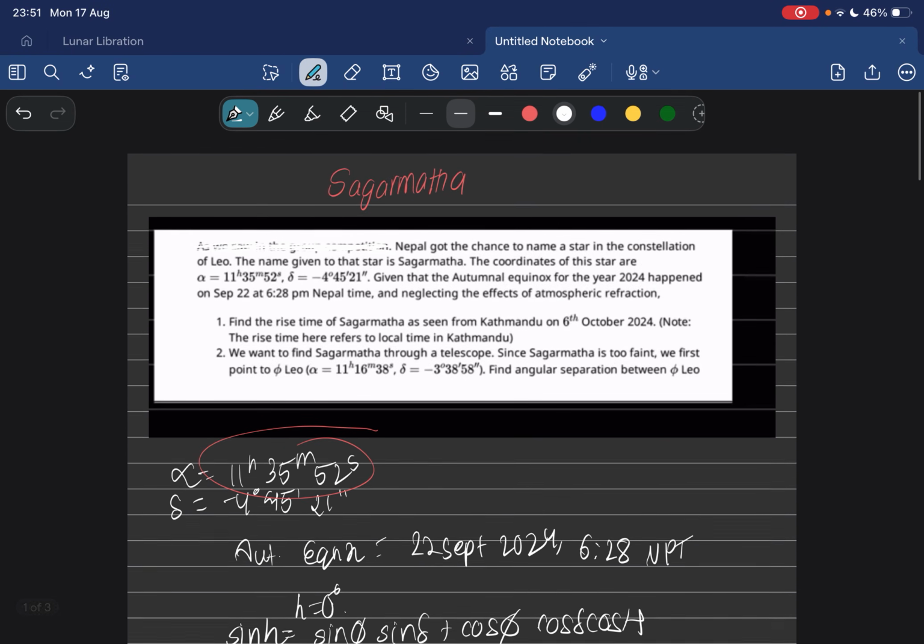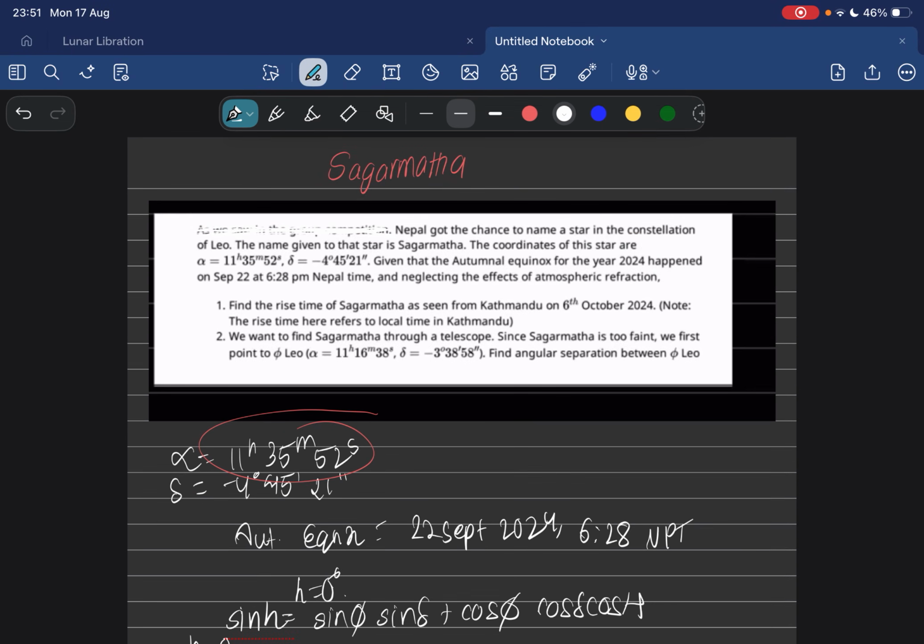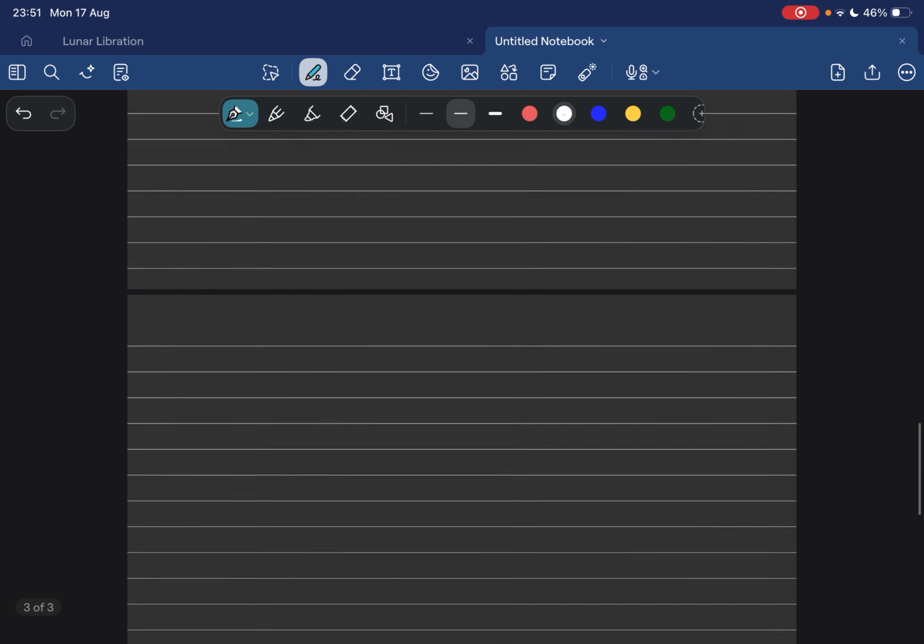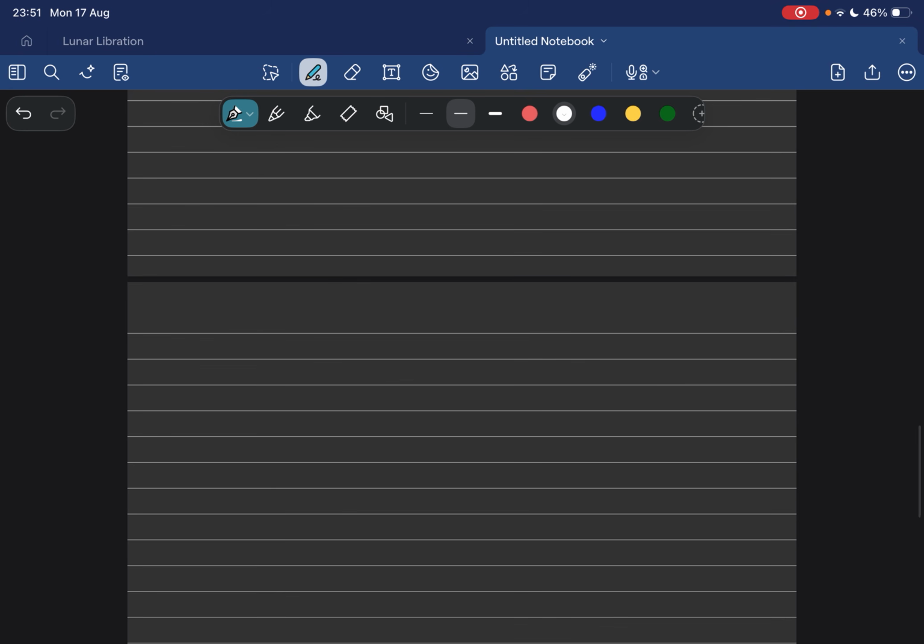Another question we do have is the angular resolution, and we know always the spherical distance formula. The spherical distance formula is, as always, cos theta equals sine delta 1 sine delta 2 plus cos delta 1 cos delta 2 and cos of alpha 1 minus alpha 2.